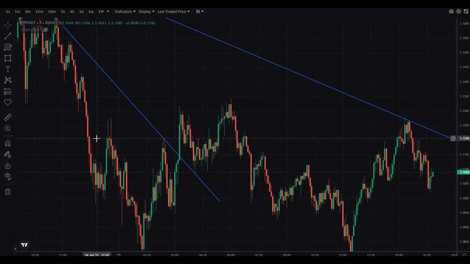For it to be a valid change of the trend, it has to break the trend's previous high. So it's this level, and it was already broken.